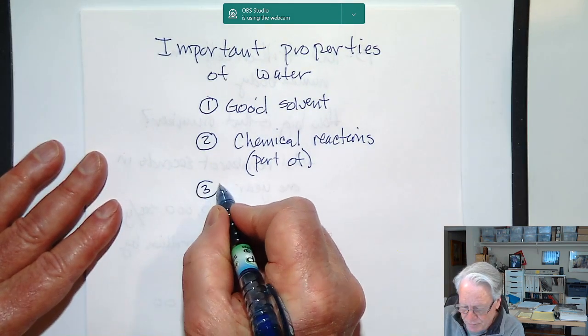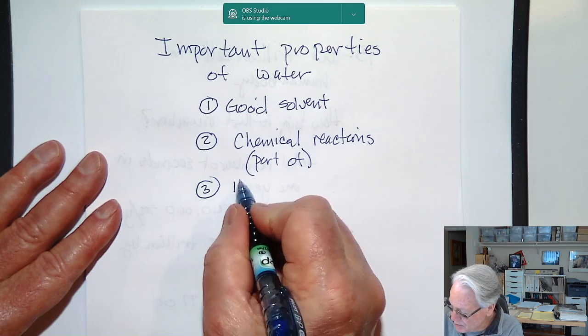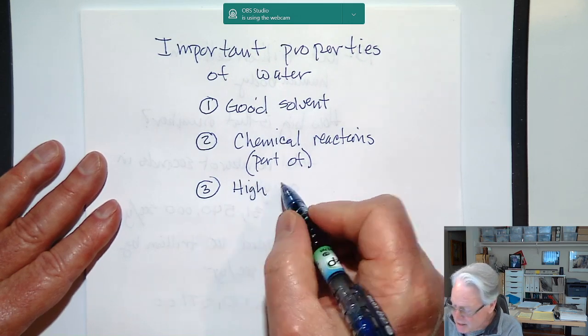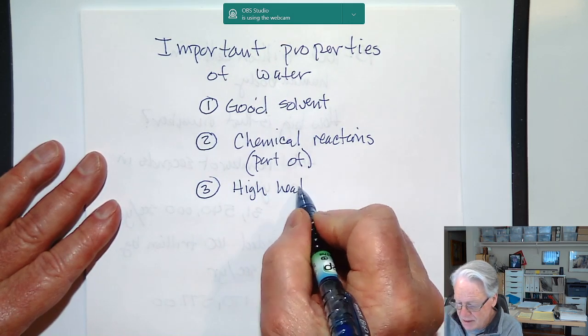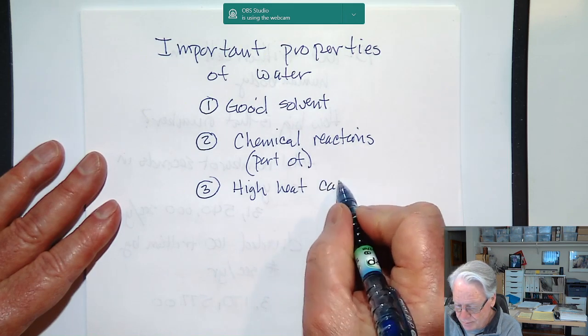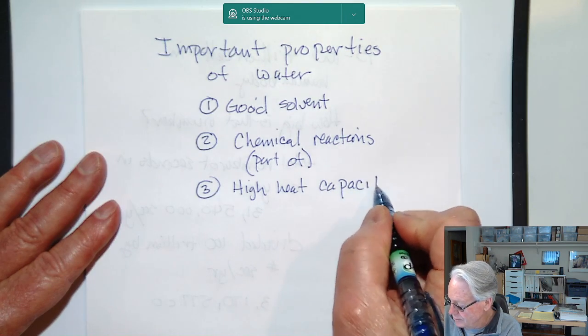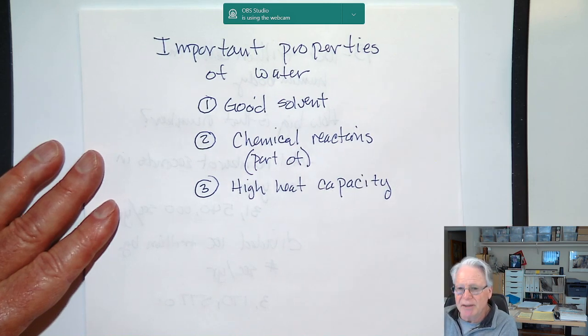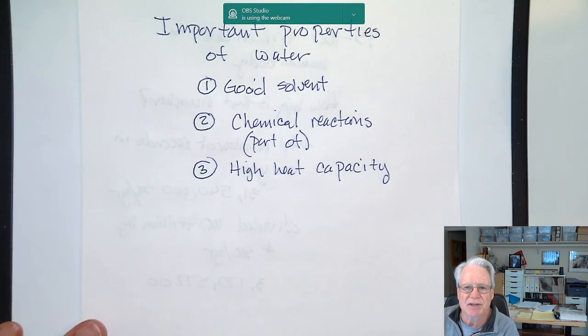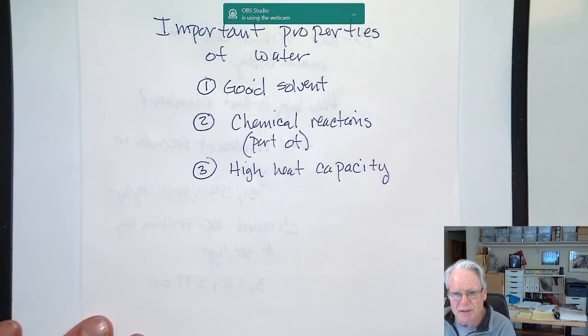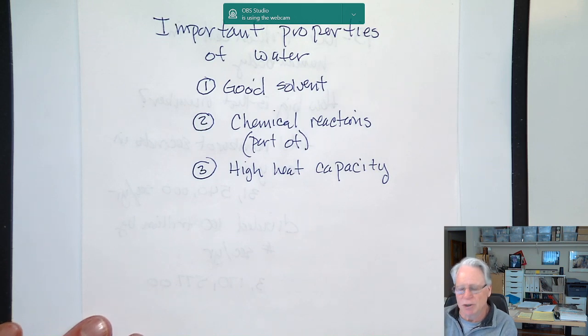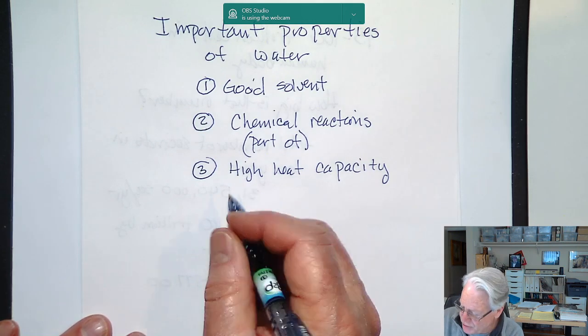Number three, it has a high heat capacity. And we'll talk about what that is when we get into the details. But that's a very important property, and it's often overlooked as we look at water and try to understand it.